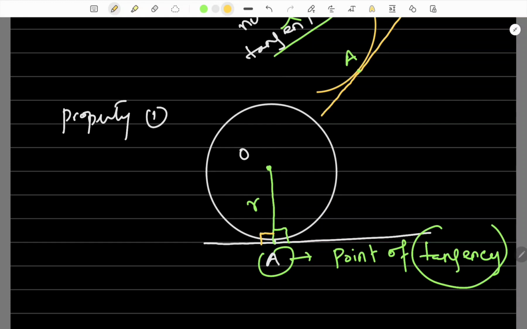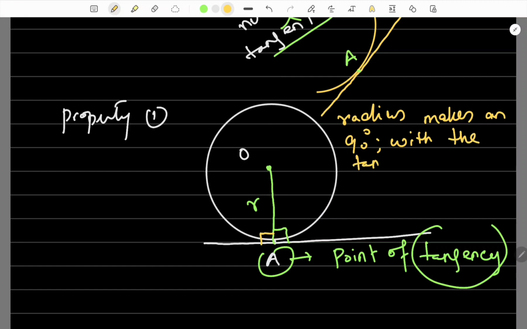Clarity, beta? So once again, property number one, if you want to write this, beta, we can just write it in simple terms. Okay. So radius, beta, write it down, makes an angle of 90 degree with the tangent, right?